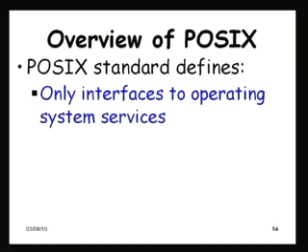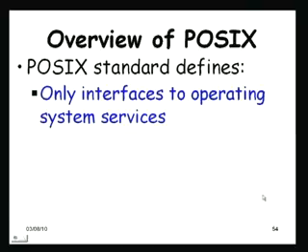These named services have to be supported, and they would take this data and provide this result. POSIX is just a definition of the interface of the operating system services.